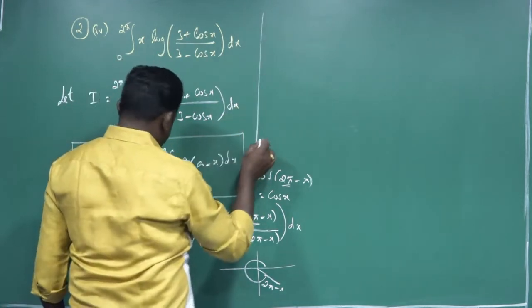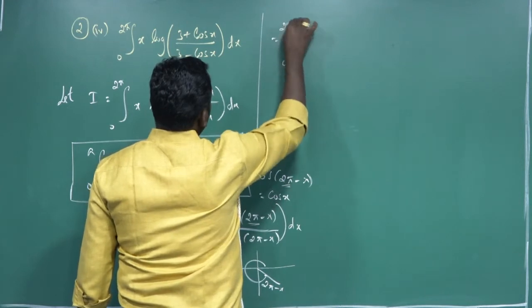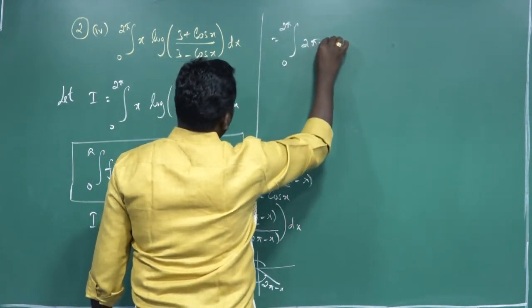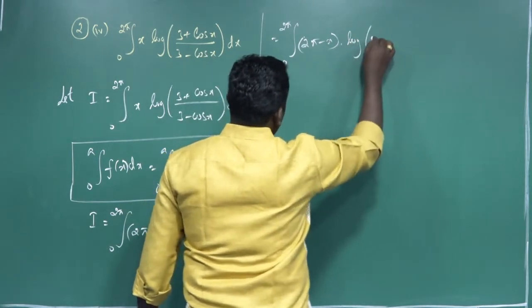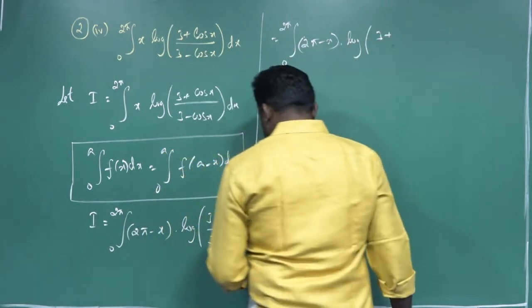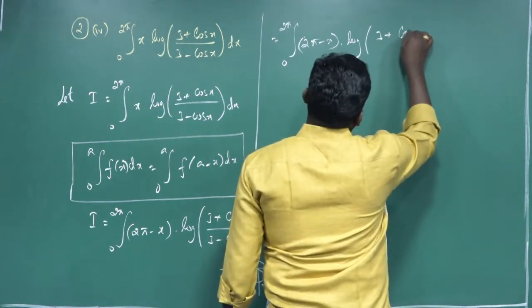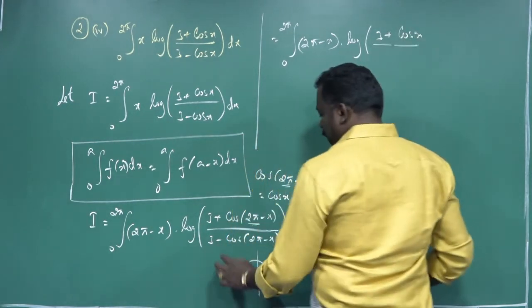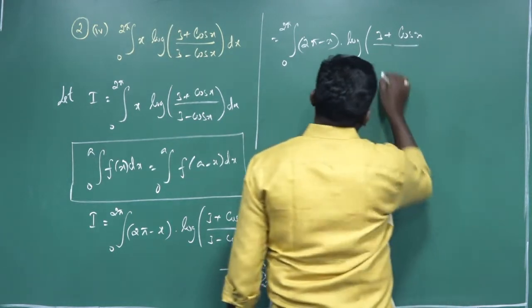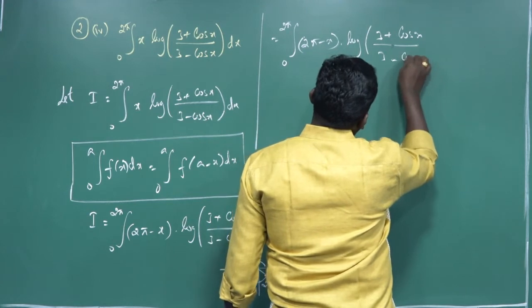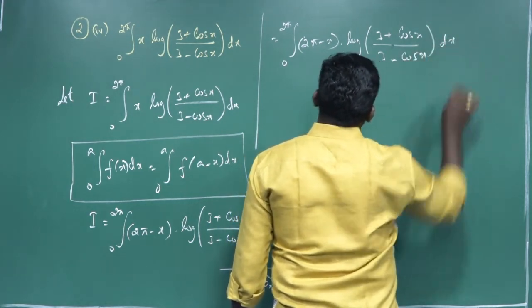Therefore the next line is the integral from 0 to 2π of (2π − x) into log of (3 + cos x)/(3 − cos x) dx, since cos(2π − x) is cos x.